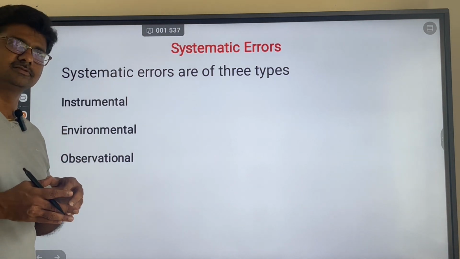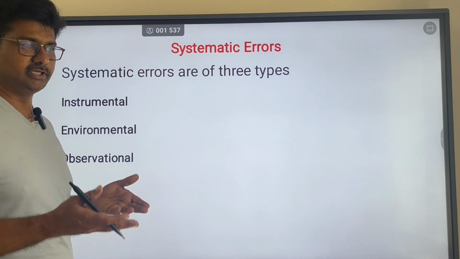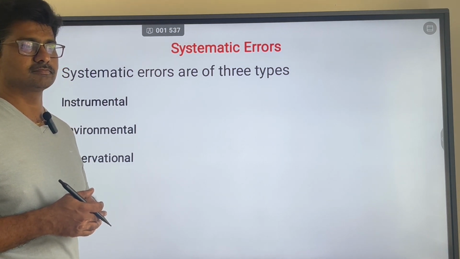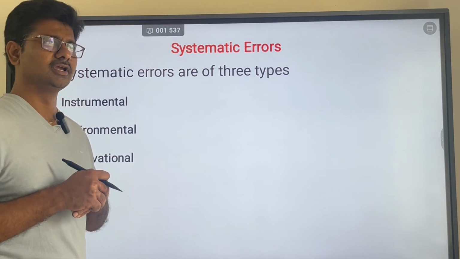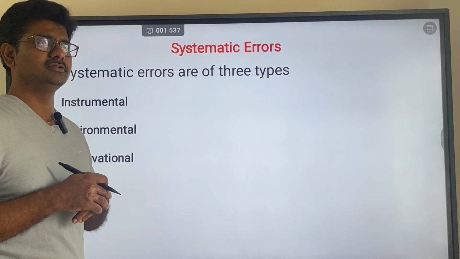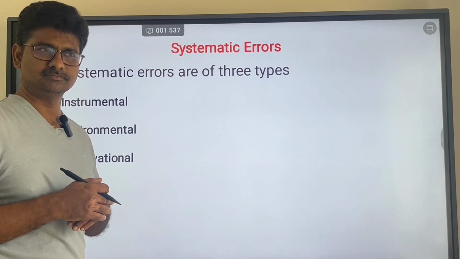Environmental errors: suppose you are using a measuring instrument here in the tropical zone, here in Asia or somewhere, and you are using the same measuring instrument somewhere in the polar region, in Antarctica.